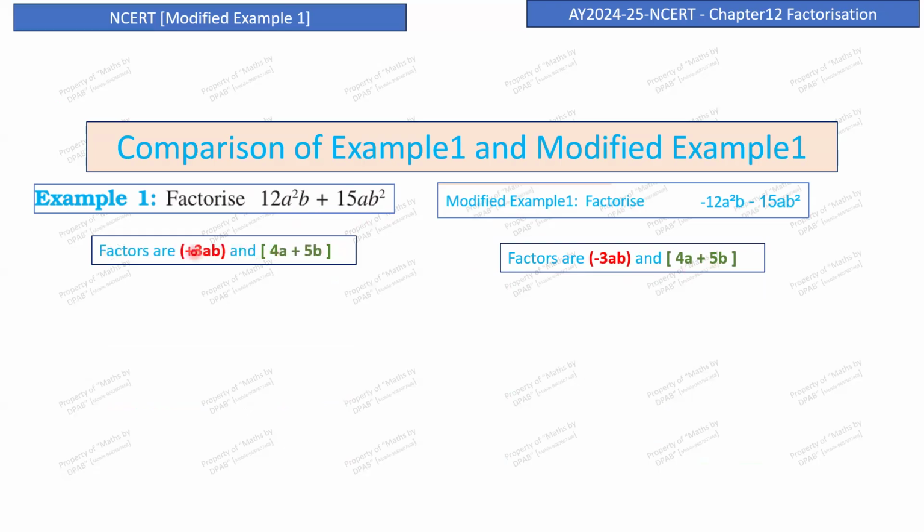The factors originally for example 1 were plus 3AB and 4A plus 5B. Now you compare this: 4A plus 5B remains the same. That is, the binomial remains the same, but the monomial factor, which is plus 3AB, here is minus 3AB. Okay.